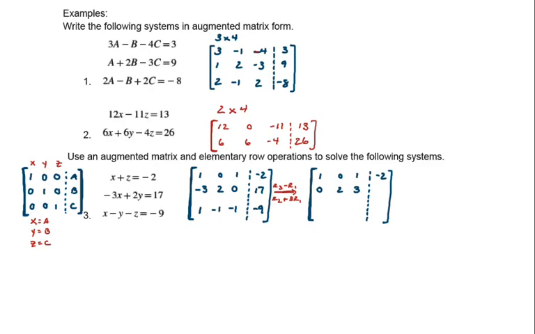So the way I think about that is my first entry for row 2 is negative 3, and if I add 3 times 1, which is the first entry of row 1 multiplied by 3, I get 0 for my first entry of row 2. So I took 1 in the first row, multiplied it by 3, and added it to row 2, which changed my first entry in row 2 to a 0. And then I would do the same thing through that entire row. So make sure whatever you do to a row, you do to that row throughout the whole thing.